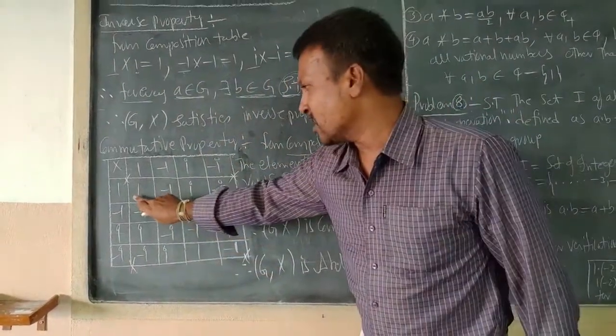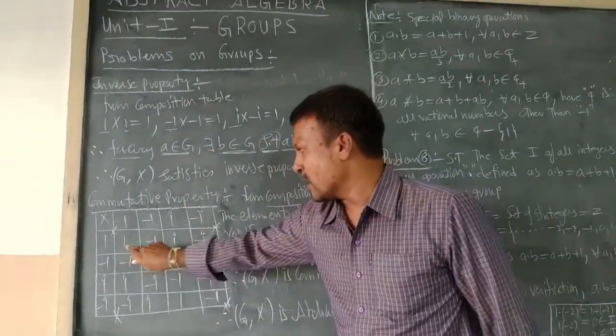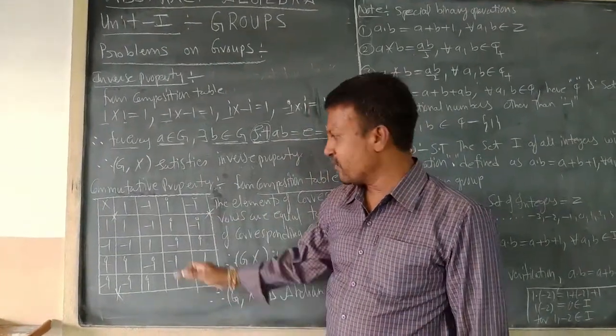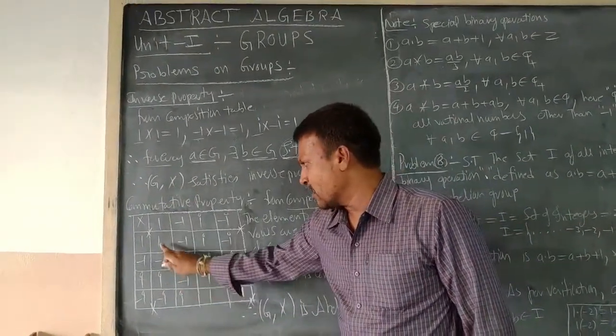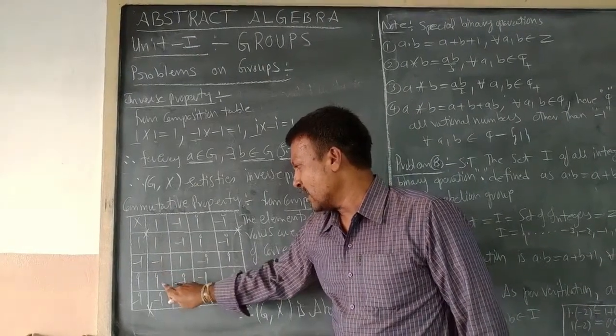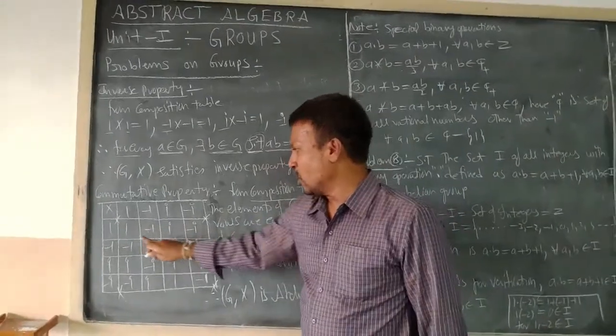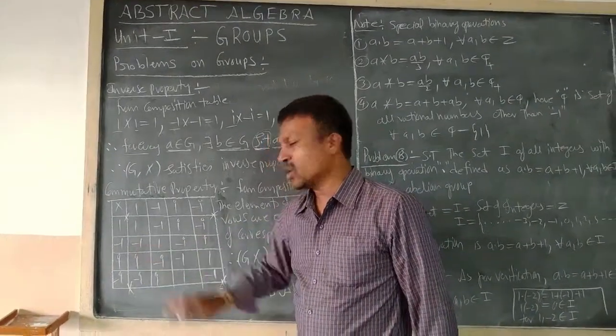The first row elements are 1, minus 1, I, minus I. In the same way, the first column elements are 1, minus 1, I, minus I. Therefore, the first row equals the first column.